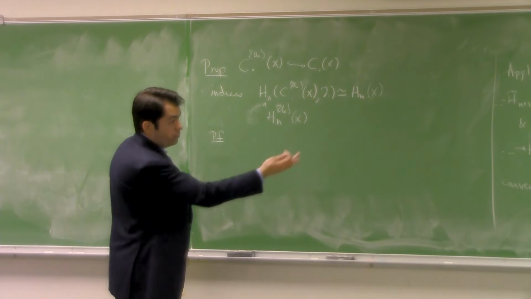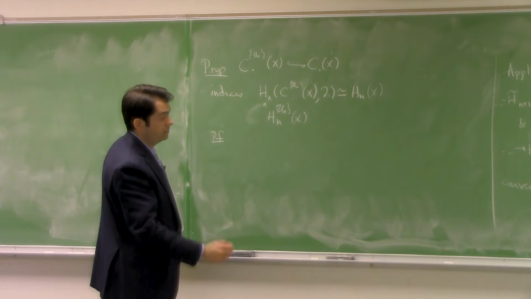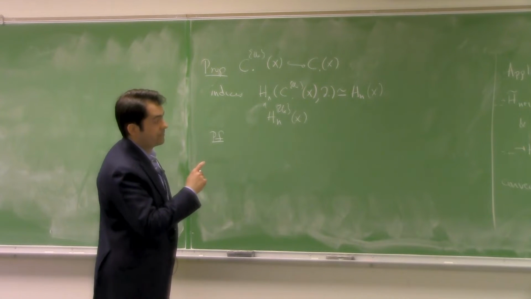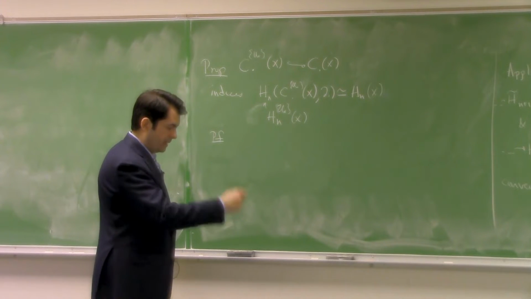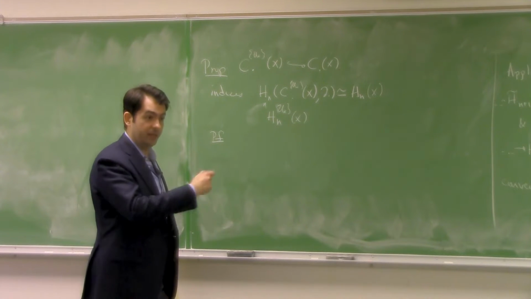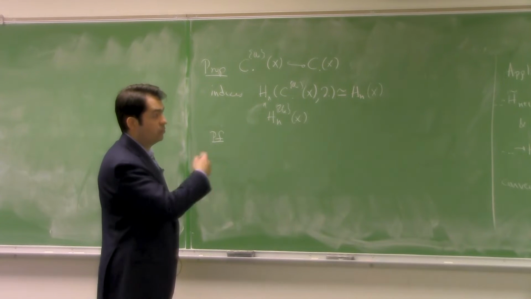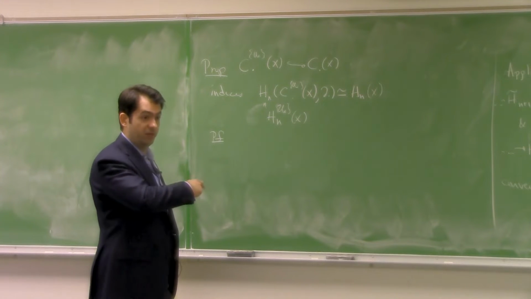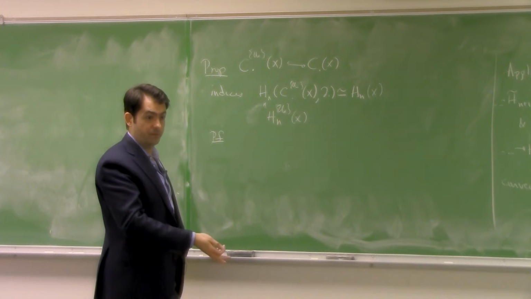So the proof is going to be by subdivision. But the tricky thing is that we're going to give some algorithmic way of subdividing a simplex, but how many times you have to do the subdivision before the images of the subsimplices sit inside the cover depends on the simplex.